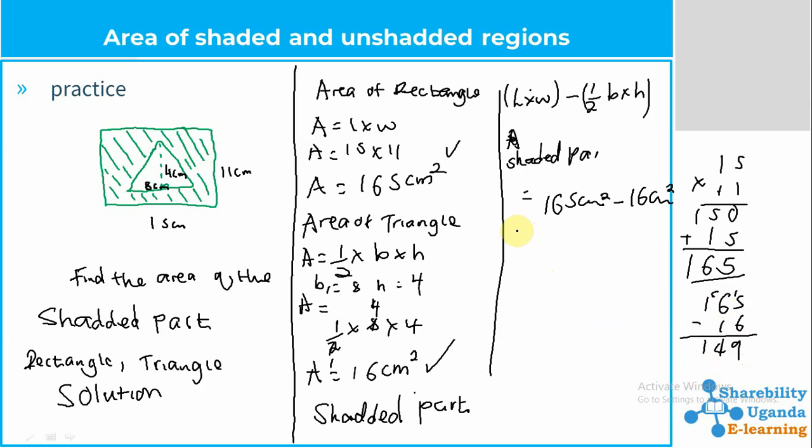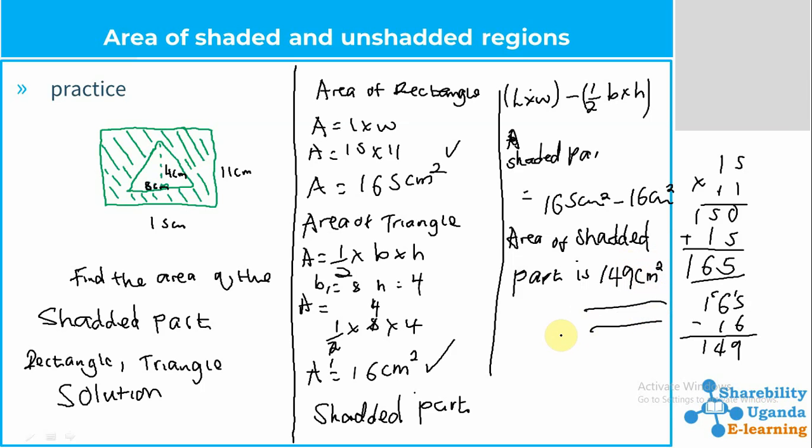So we can say now the area of the shaded part is 149 centimeters squared. So here we shall have solved the area of our shaded part.